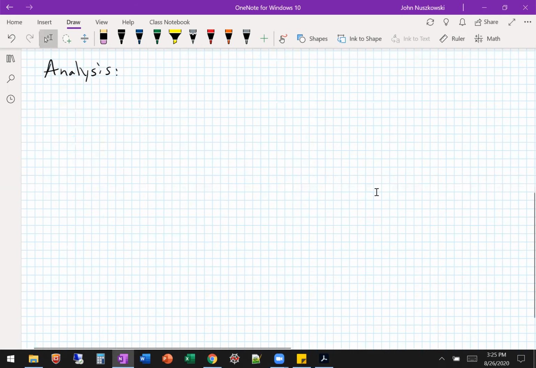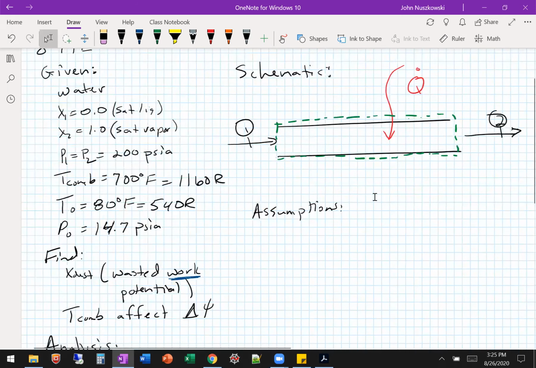Assumptions. All right. So first off, we're trying to solve for x destroyed. So where can we start to solve this? Conservation of mass.